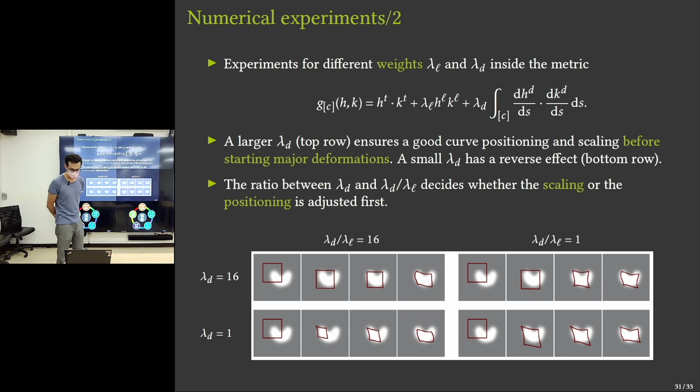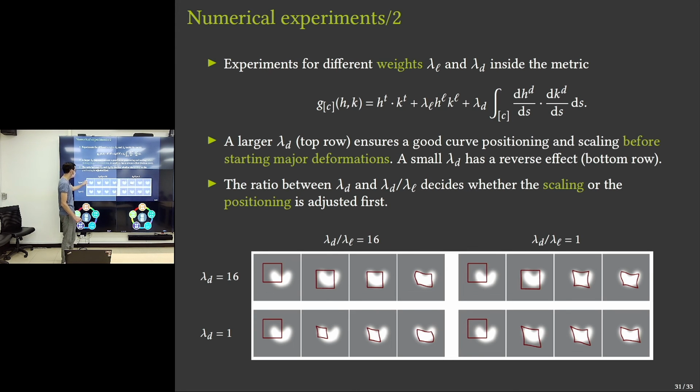So the experiments, they also did some experiments for different weights inside the metric that we just saw, which I report here for reference. And they show through the experiments that a larger lambda d, so the top row here, the first row, from left to right, ensures a good curve positioning and scaling before starting the major deformations.